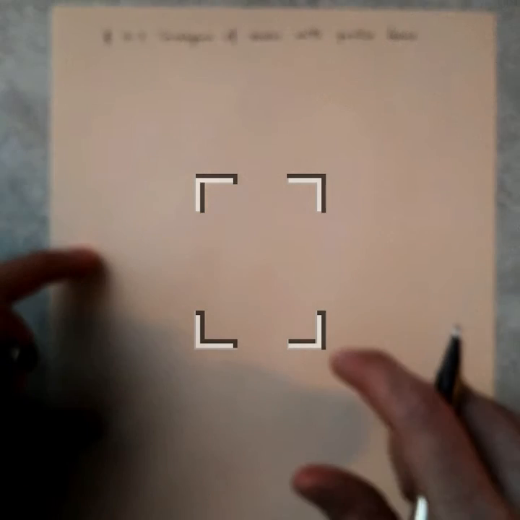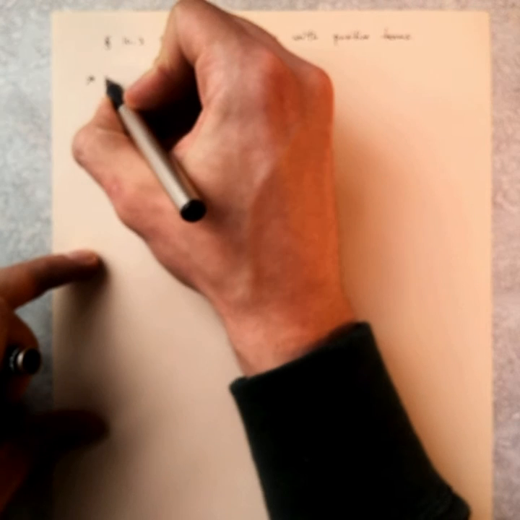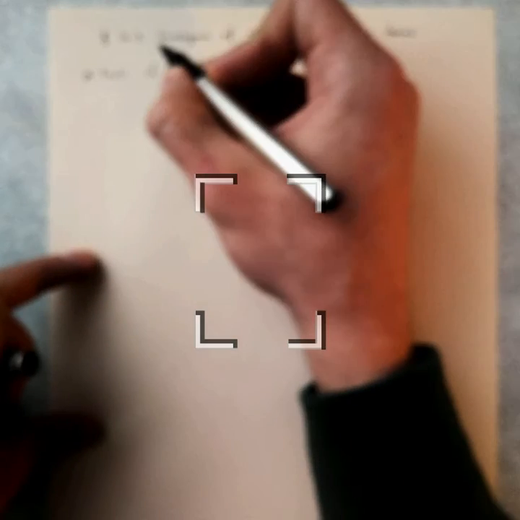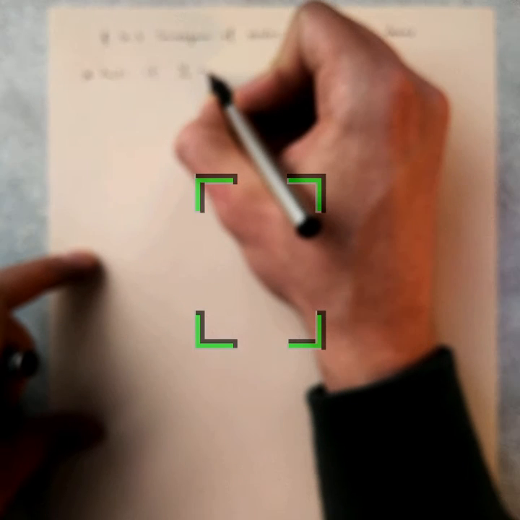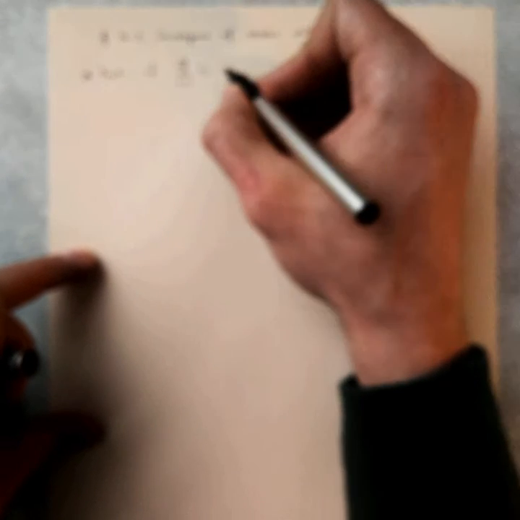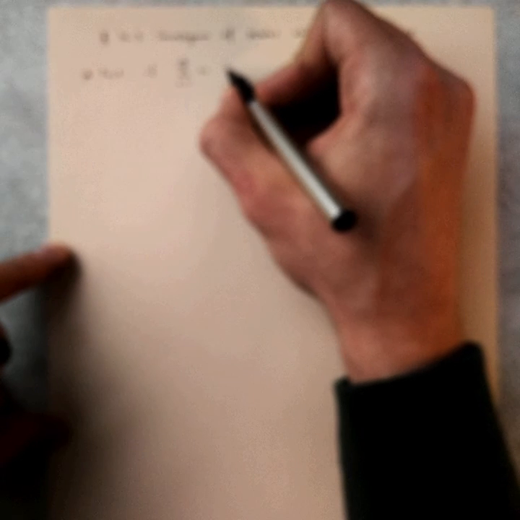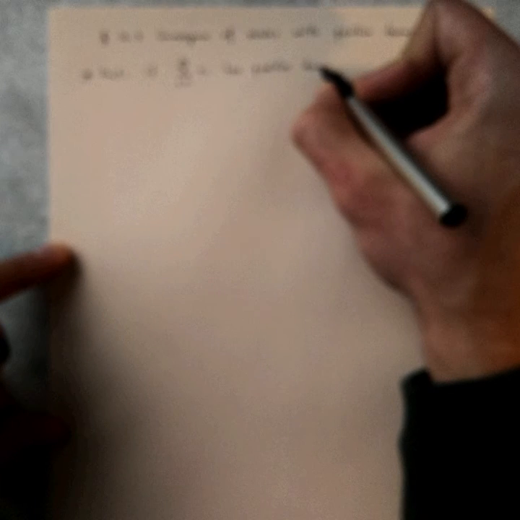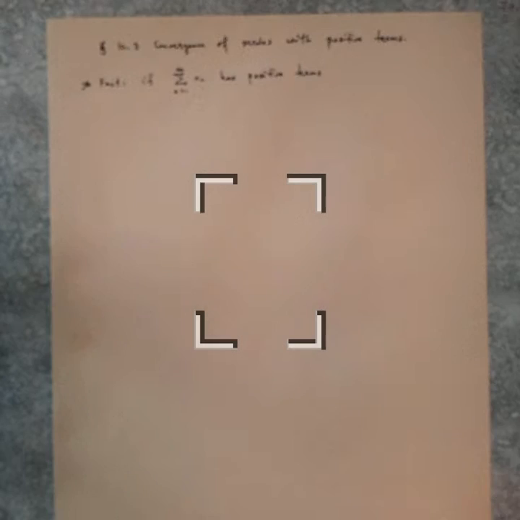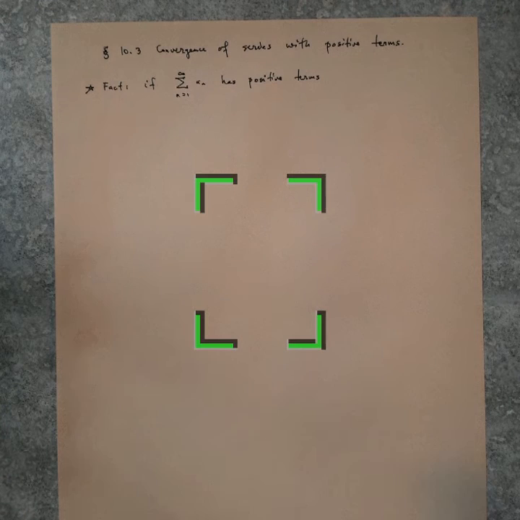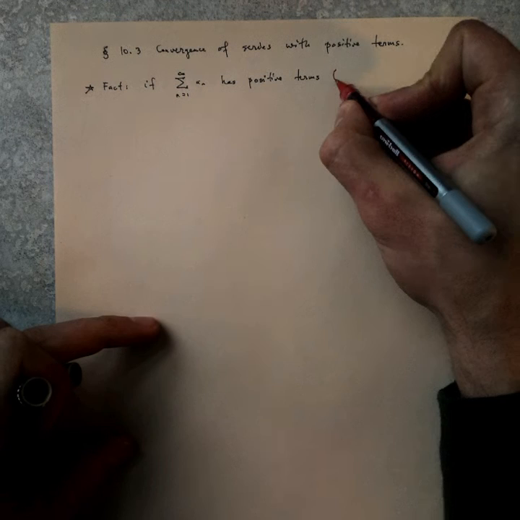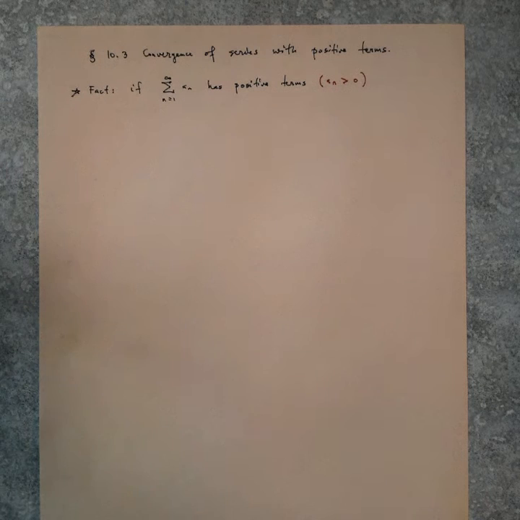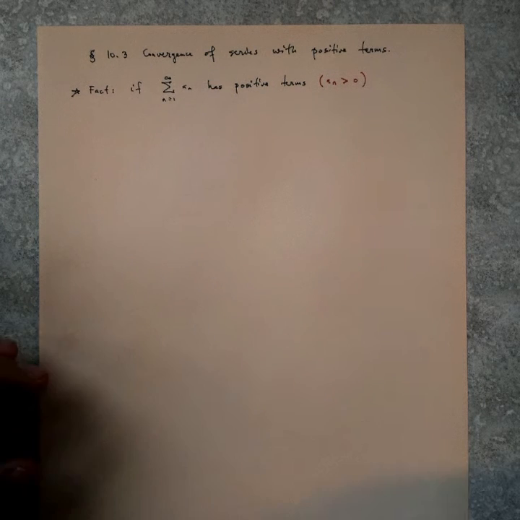Okay, so I'm going to start off with a fact. If my series has positive terms, so in other words, all of the terms an are strictly bigger than 0, I don't have any negative terms.